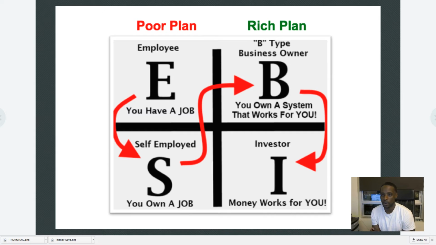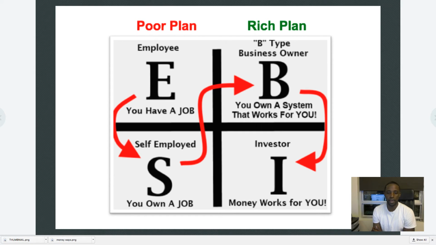You have an inside sales agent, an acquisition manager, an admin manager, a marketing manager. You have all those people helping you build your business. You have an office, things are moving, and you're working on your business and not in your business.